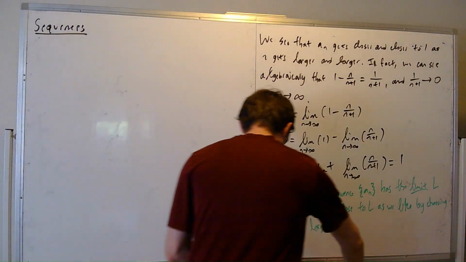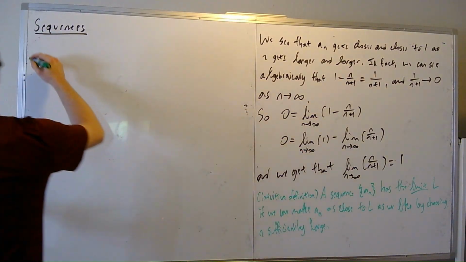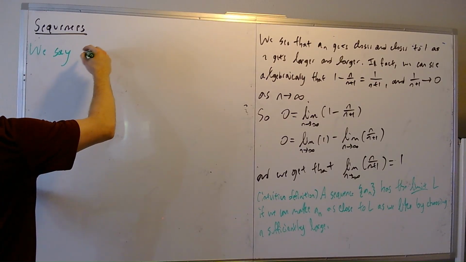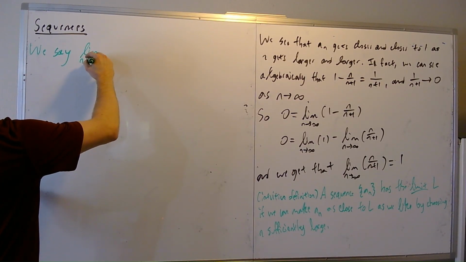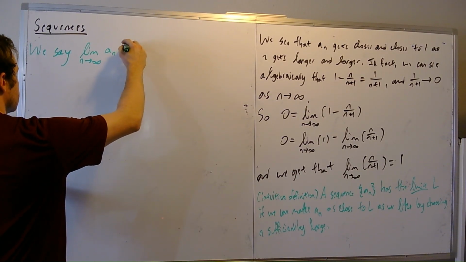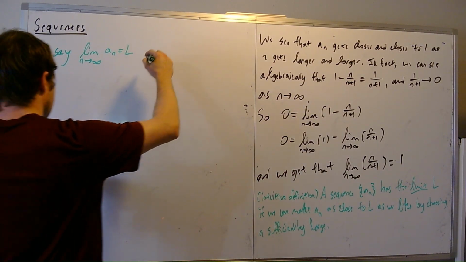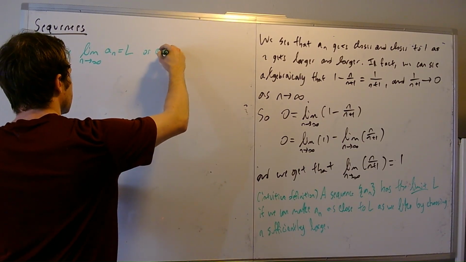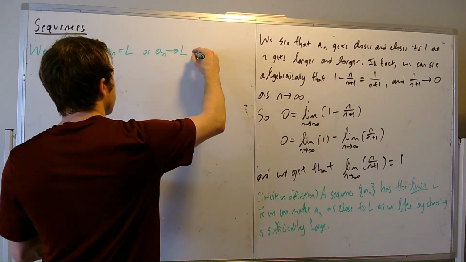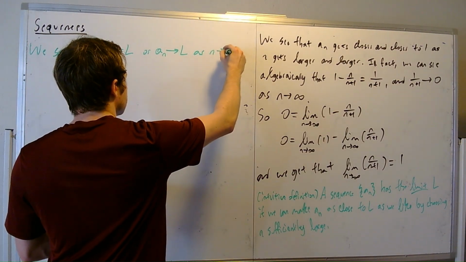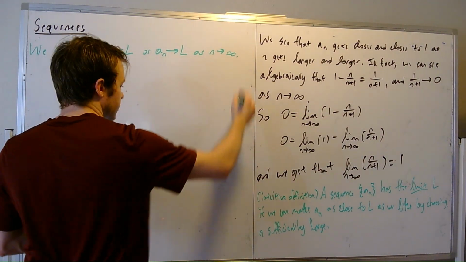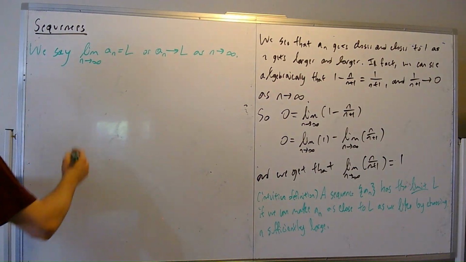So we say the limit as n goes to infinity of a_n equals L, or a_n goes to L as n goes to infinity. So that's the same thing as what we said there.